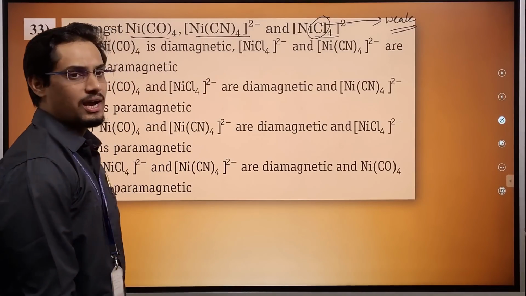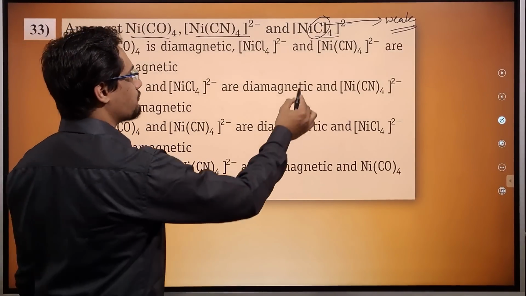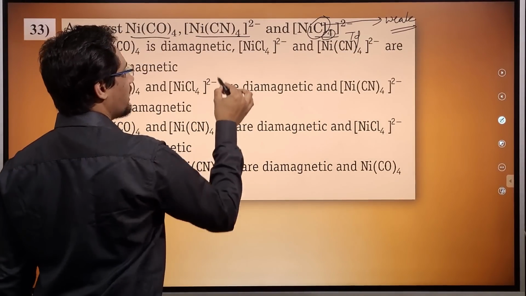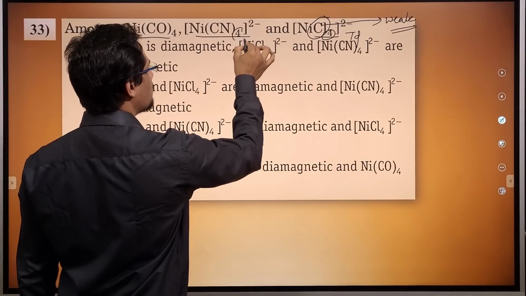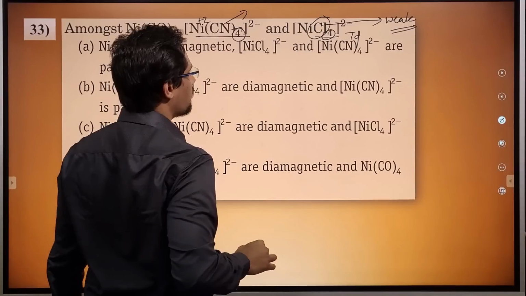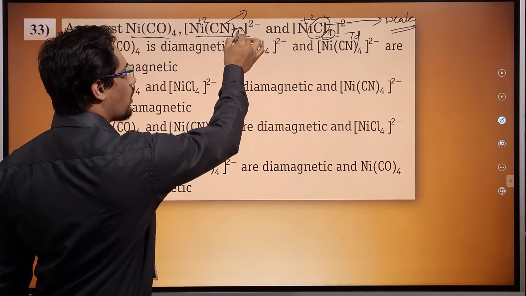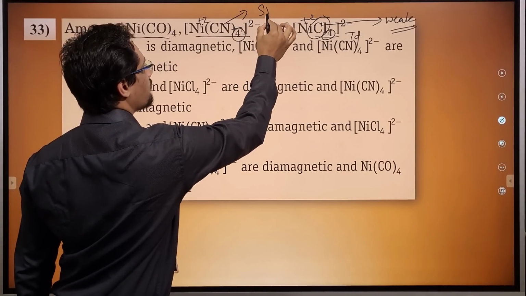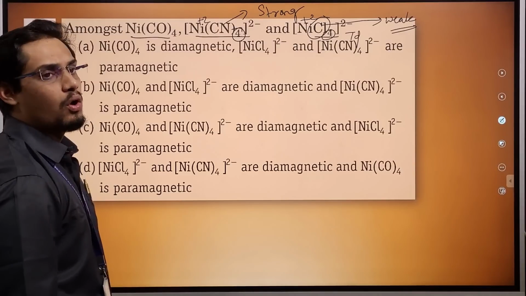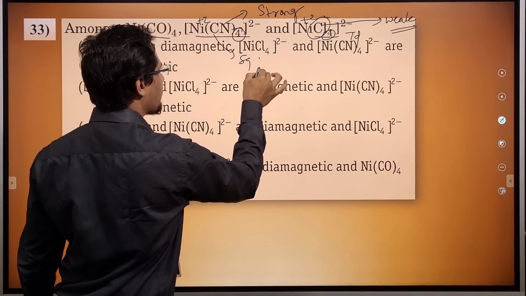As it is 4 coordinated with a weak field ligand, it forms tetrahedral. Cyanide is a strong field ligand. Here the oxidation state of nickel is +2, 4 coordinated, and with a strong field ligand it forms square planar.